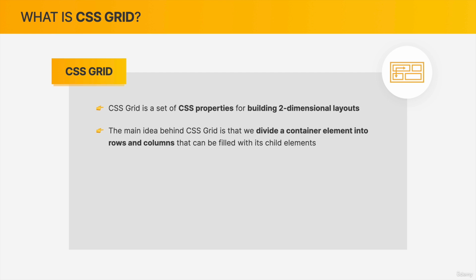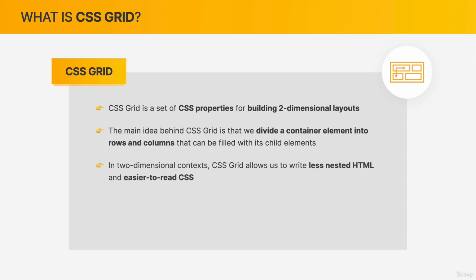And a lot of stuff is possible here. So things like spanning elements across multiple rows and columns, overlap different elements, and more. So we use CSS Grid in two-dimensional contexts, where it allows us to write a lot less nested HTML and also easier to read CSS.